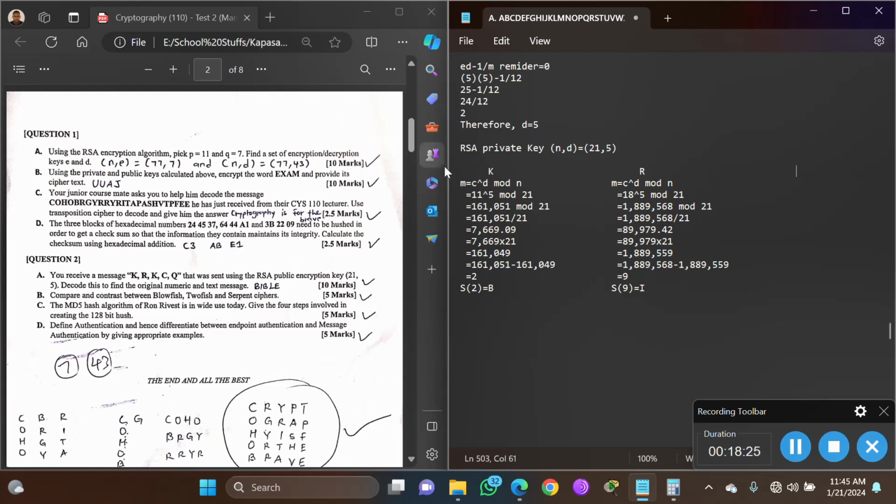Because we have the calculation for K, you need to show all this to gain full marks, so you need to make sure that you show your calculations. So for K, I'll just repeat the same things we have here, so there's no need for me to panic.